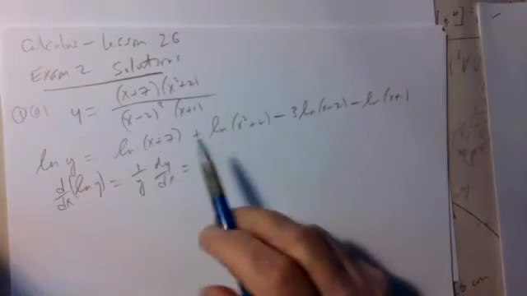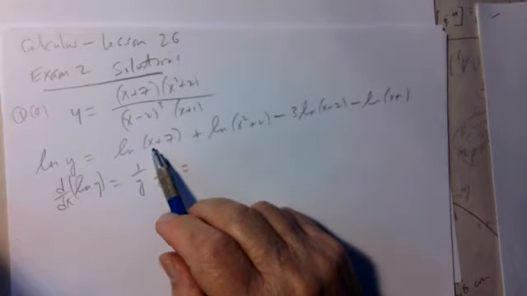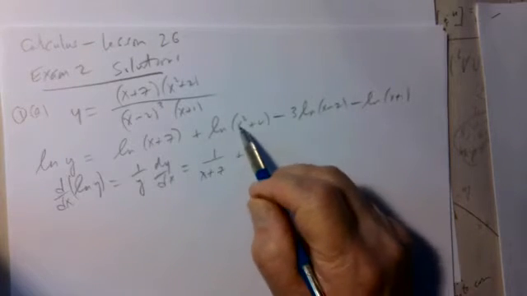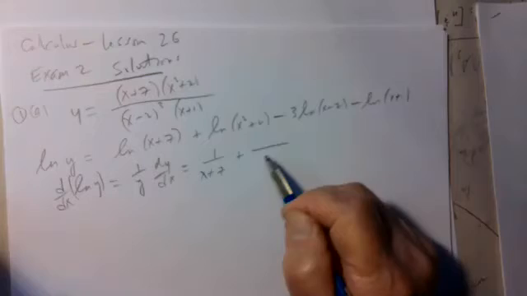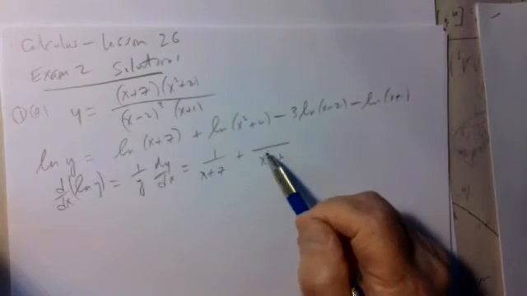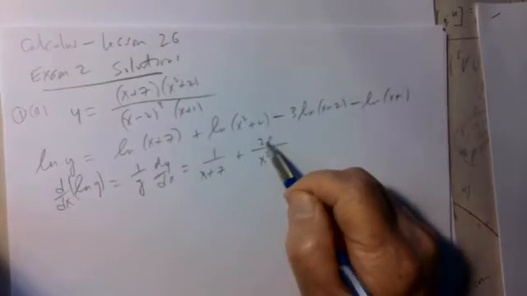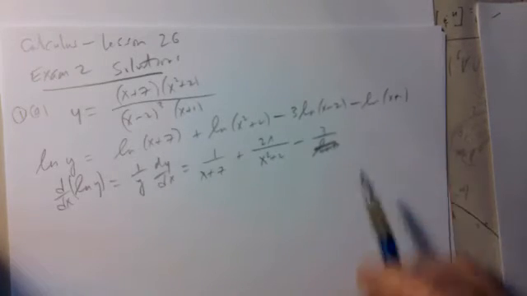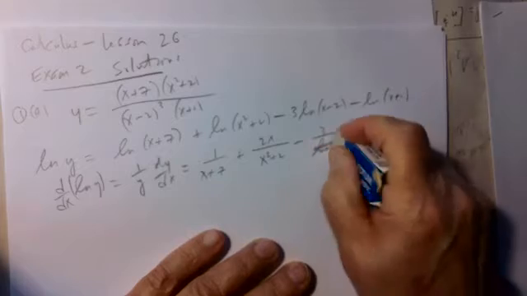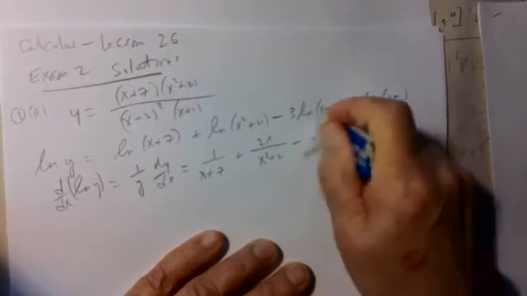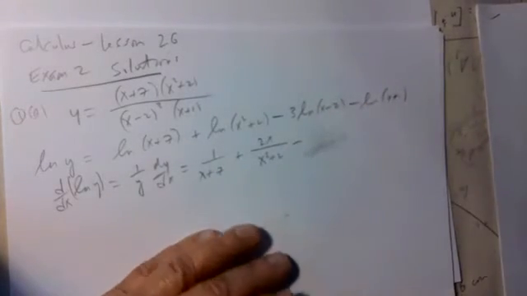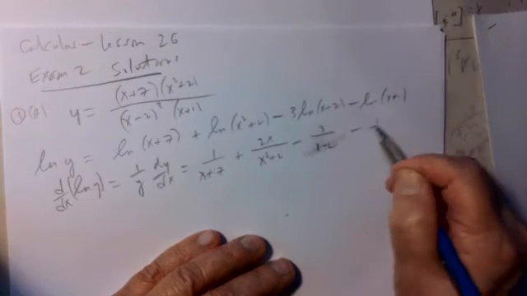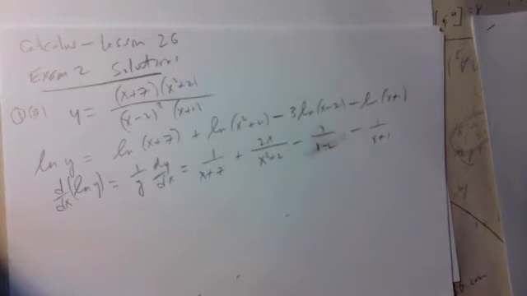And on the other hand, by differentiating term by term, the log of x plus 7 gives 1 over x plus 7, plus the log of x squared plus 2 gives 1 over x squared plus 2 times the derivative of x squared plus 2, which is 2x, minus 3 over x minus 2, minus 1 over x plus 1.